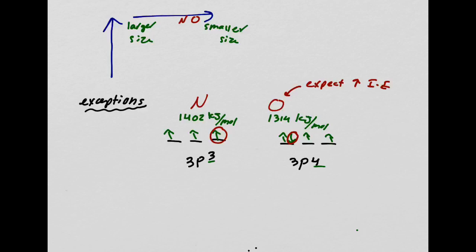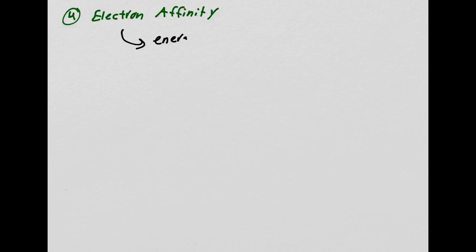The next one is electron affinity. Now, ionization energy was the energy needed to remove an electron. Electron affinity is an energy change to add an electron.